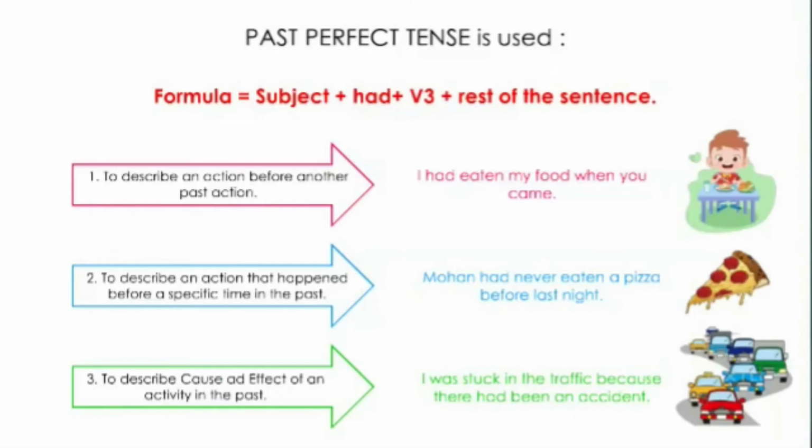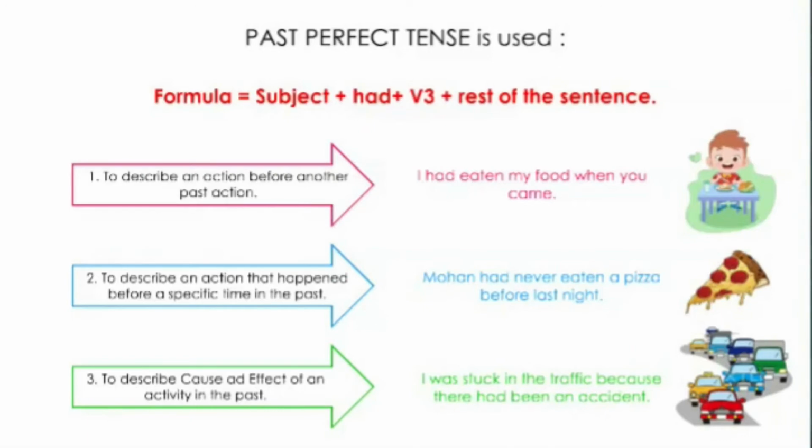And there are some more situations where we use past perfect tense. You can read them, and let us discuss the formula now. So what is the formula? Subject plus had. It is always had, whether first person, second person, or third person. In past perfect tense, only had is used. Has and have were in present perfect tense, but in past perfect it is only had. So there is no confusion. You just have to put had and the third form of the verb, V3.